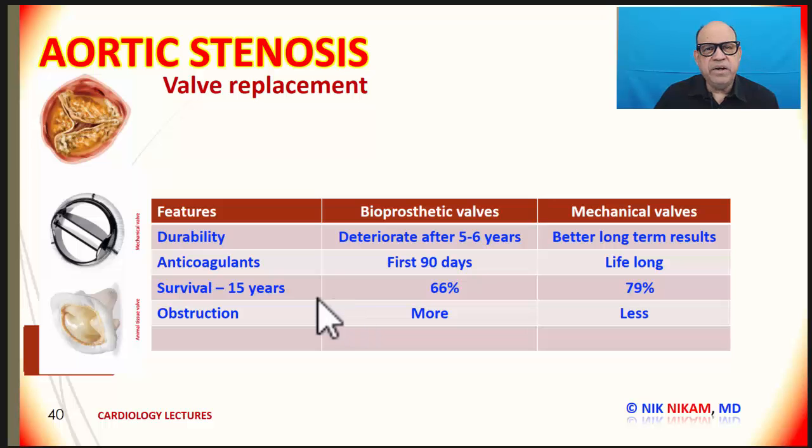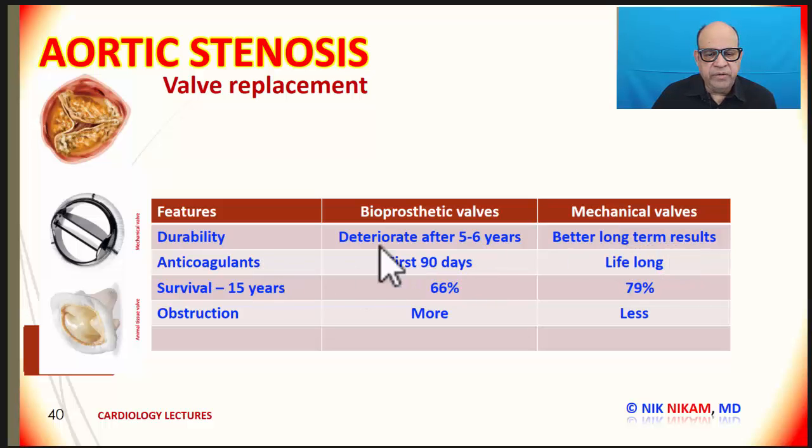Let's look at some of the differences between bioprosthetic valves versus mechanical valves. Durability: the bioprosthetic valves have a tendency to degenerate after 5 to 6 years. They may develop calcification and fibrosis and can lead to a need for a second valve replacement after 10 to 12 years. Whereas there is a very good long-term benefit by using a mechanical valve in the aortic valve position.